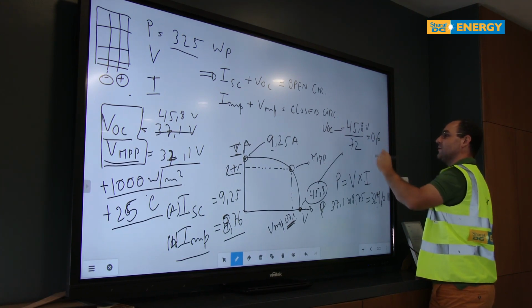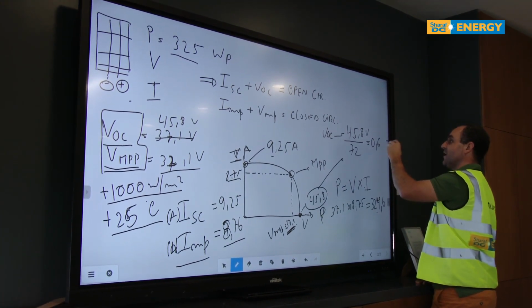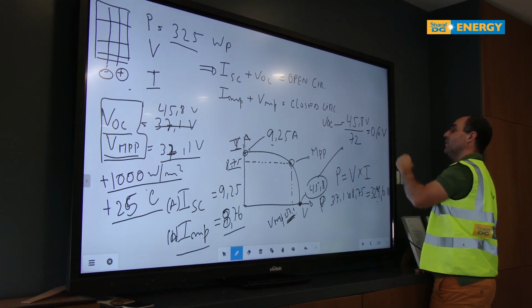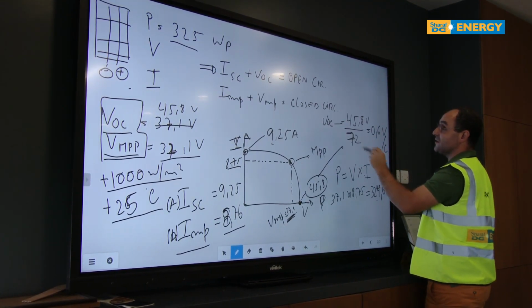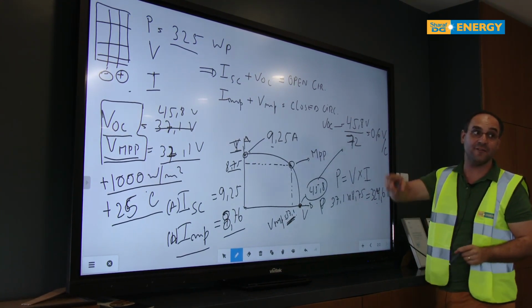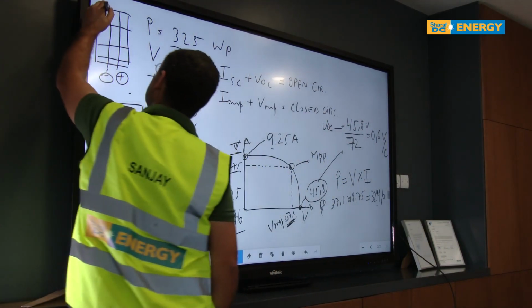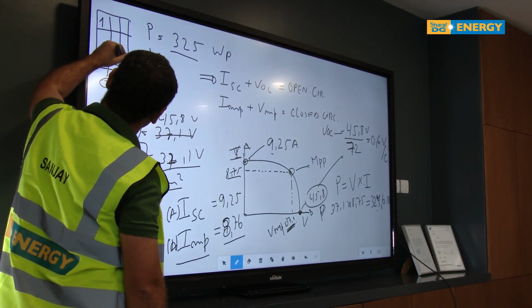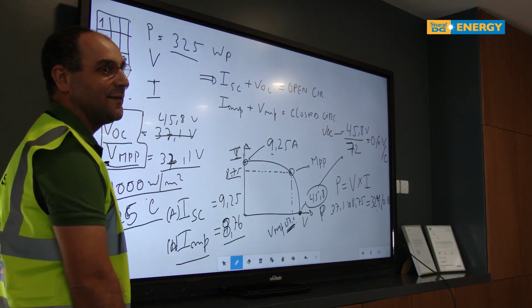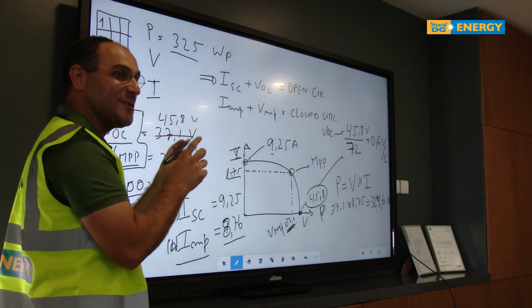This is voltage. This is a number, so I have a number divided by another number, so I have voltage per cell. So, your solar panels in this project, the 325, have 72 of these. They have 72 square cells.